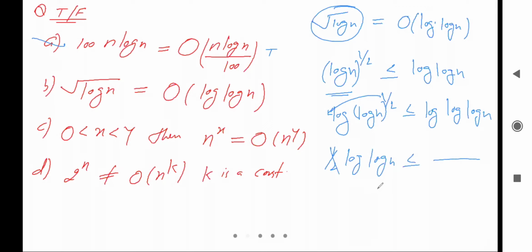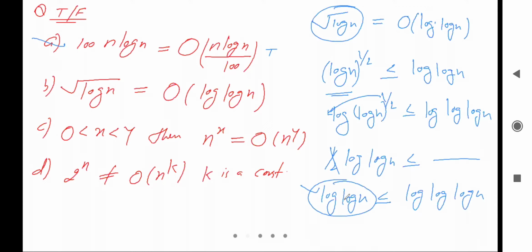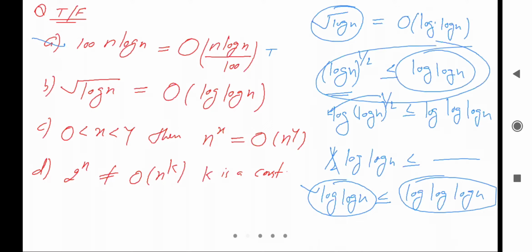Constant can be ignored, so the left hand side is log of log n, and the right hand side is also log of log n. So in this case the condition is true because this term is greater, this term is smaller, but according to the condition this term should be greater, and this term is smaller.